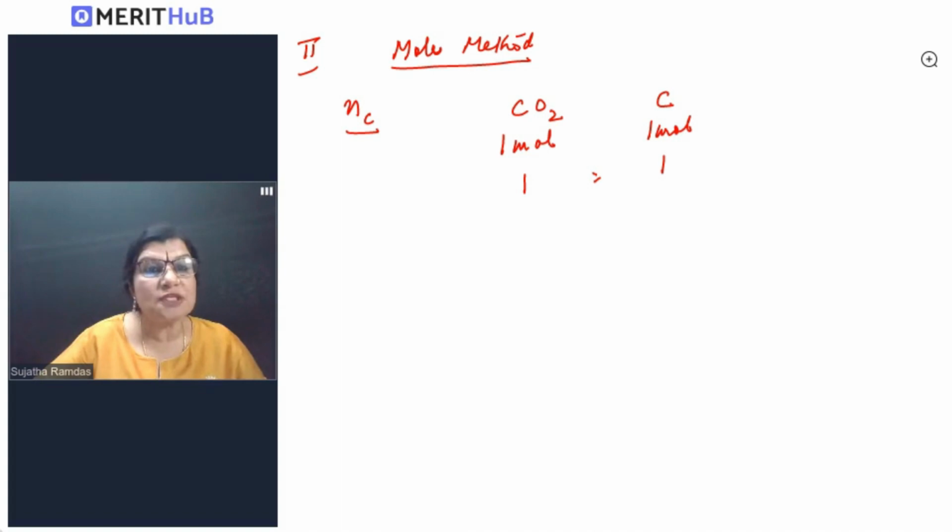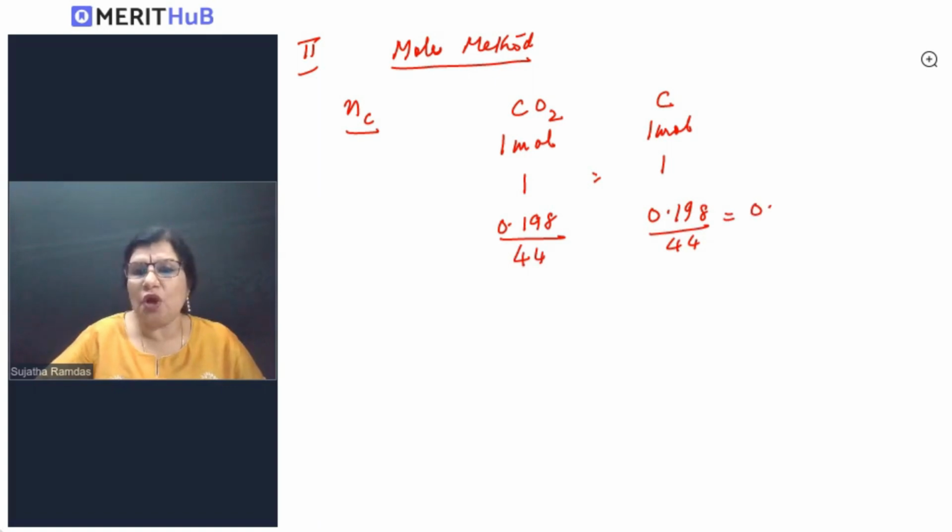What is the number of moles of carbon dioxide? Given mass divided by molar mass. Given mass is 0.198 divided by molar mass, so this will also be the same, 0.198 by 44, which can be rounded off to 0.2 by 44.